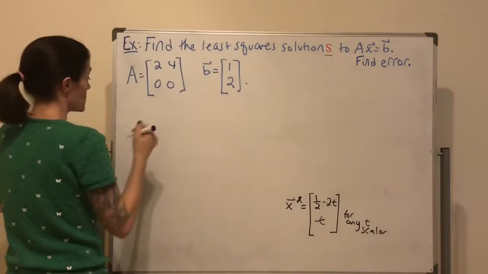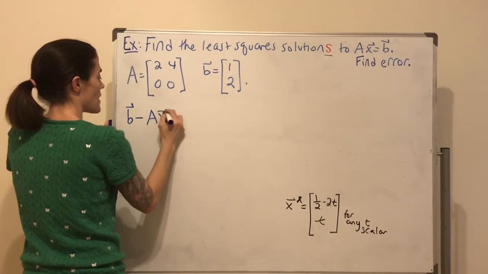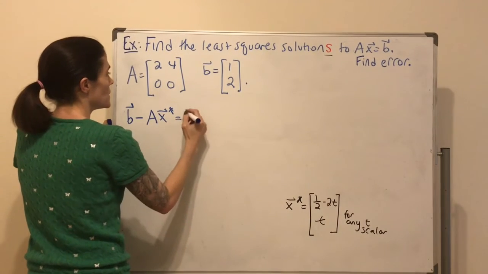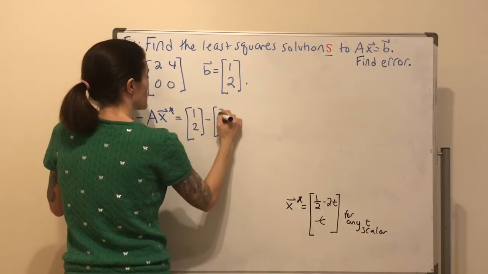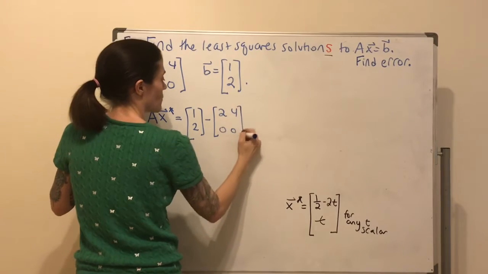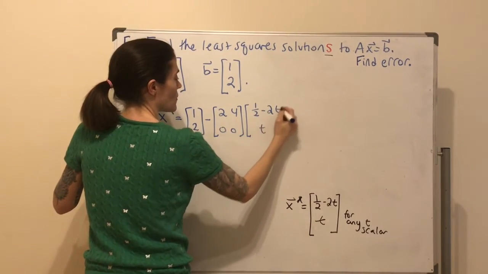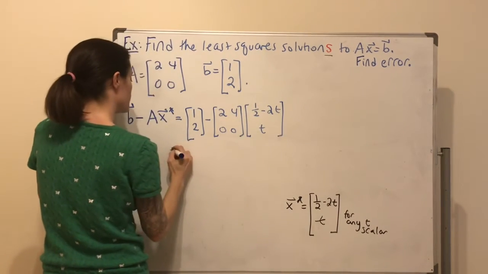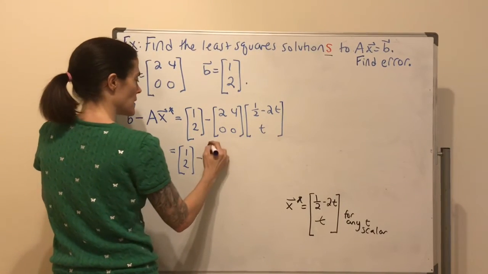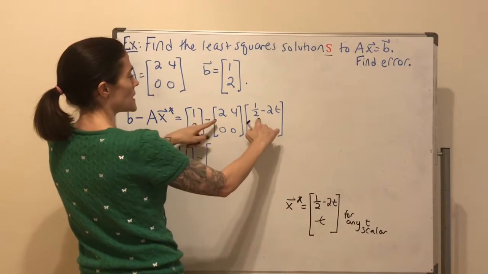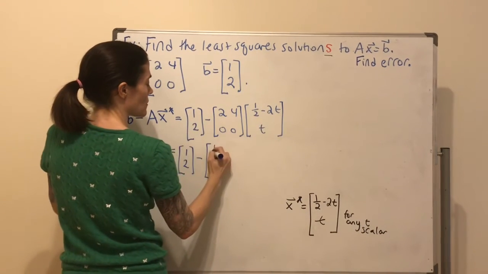Now let's compute b minus Ax star. This is (1, 2) minus, now when I multiply, I get 1 minus 4t.